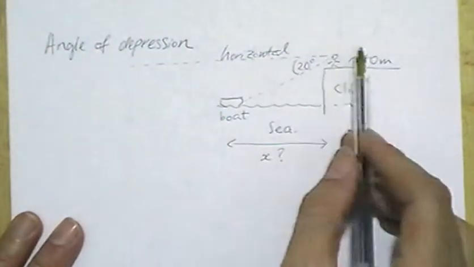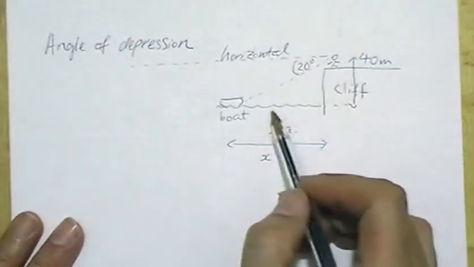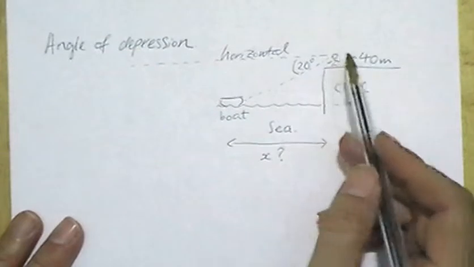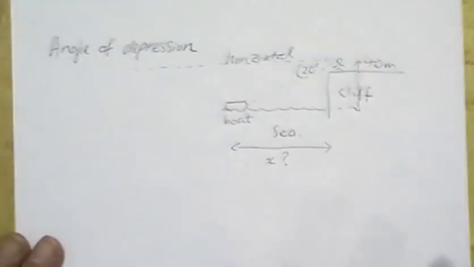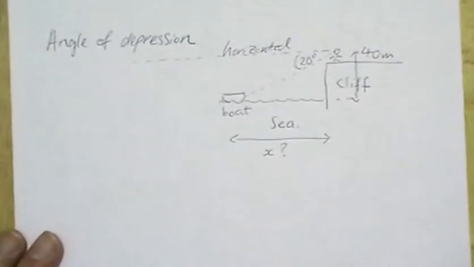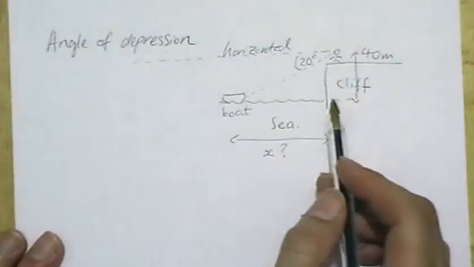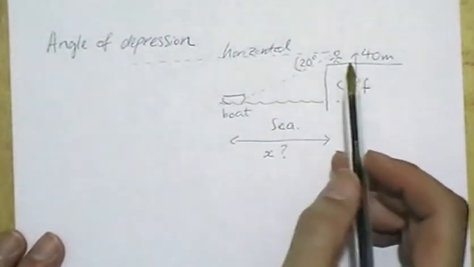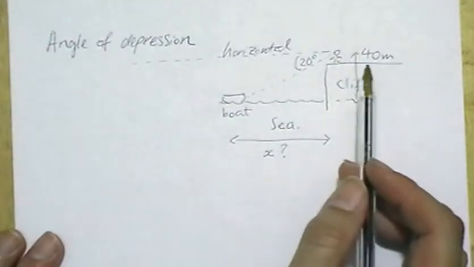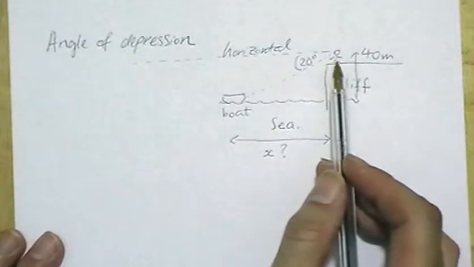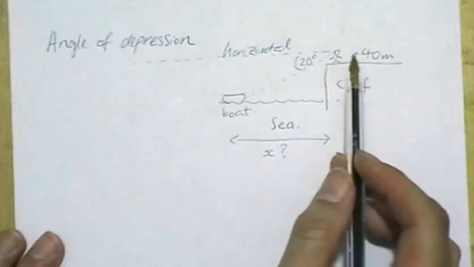Now there are quite a lot of details here: cliff, seawater, boat, man, eye, horizontal, and so on and so on. To do this calculation, we need to pick out the relevant details.